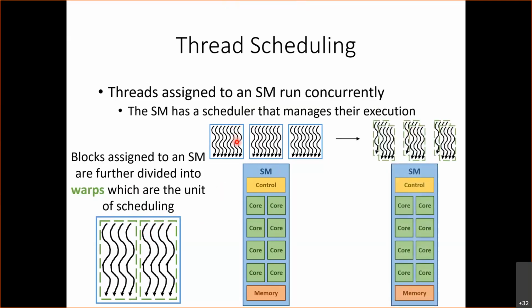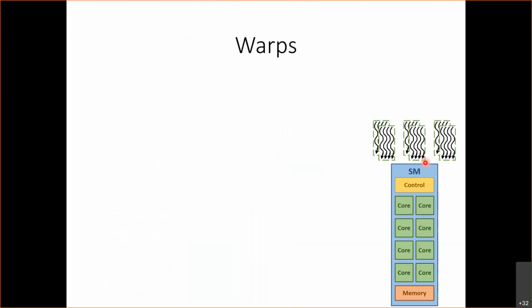This shows how each thread block is broken down into warps, and these warps are the unit of scheduling on the SM. So let's talk a little bit about what these warps are.